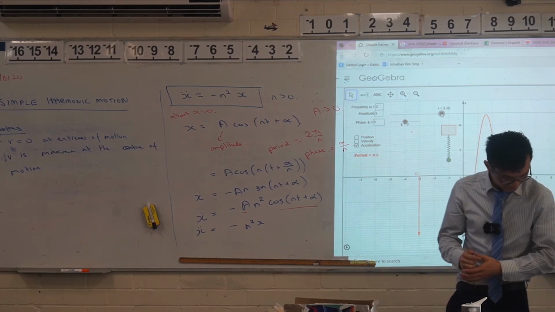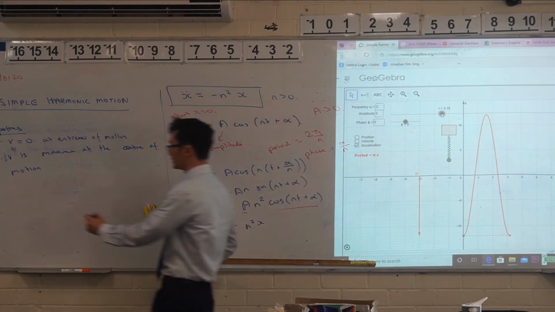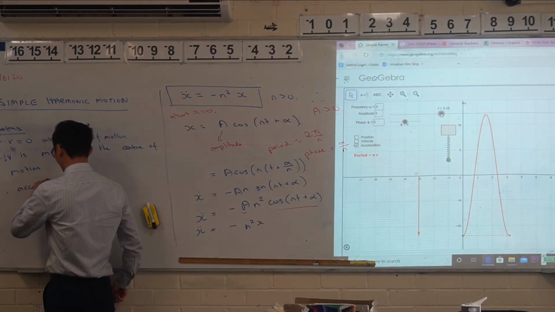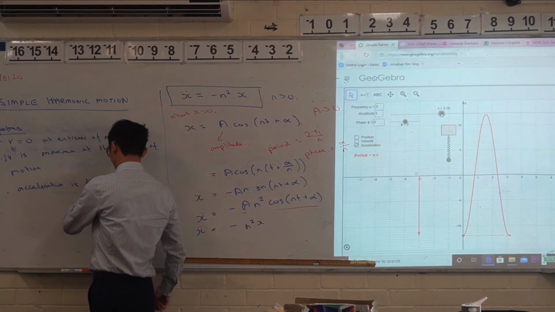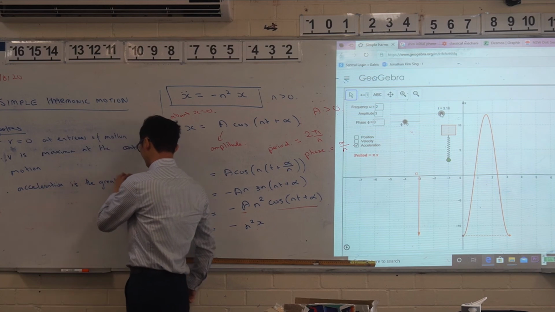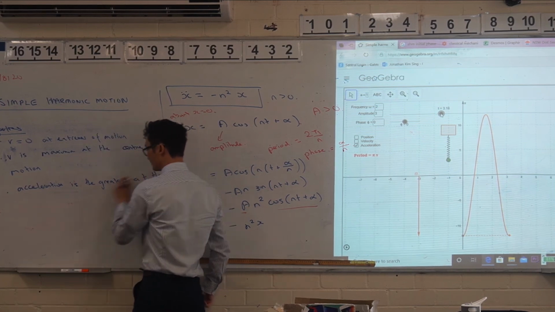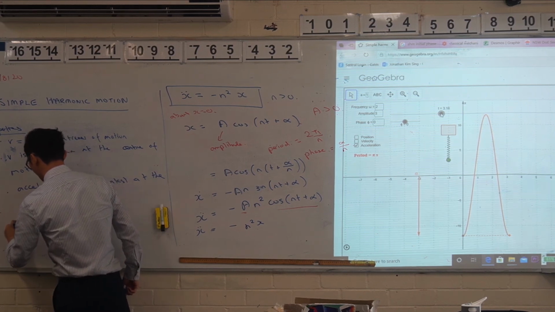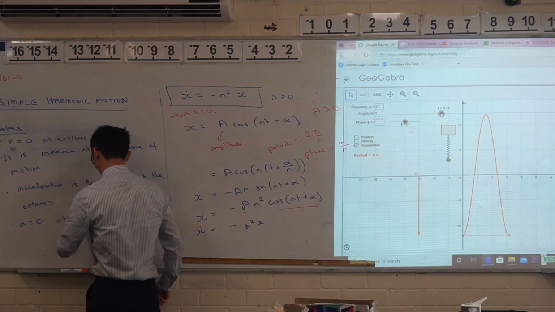Let's jot that down as well. Interesting. So acceleration, how should we say that? I don't want to say maximum. Maybe I should say the greatest at the extremes, and acceleration is equal to 0 at the center of motion, okay?